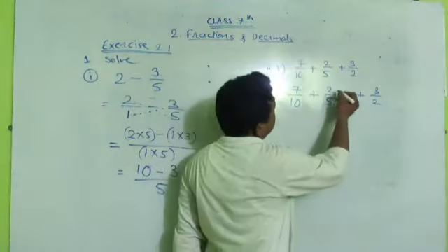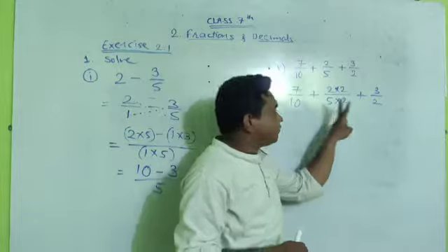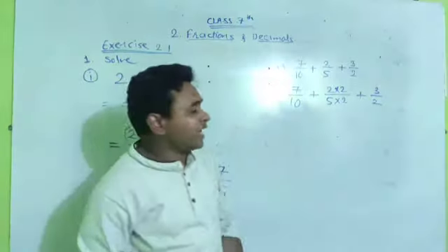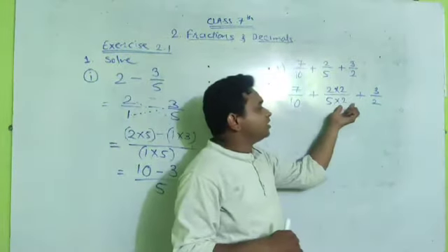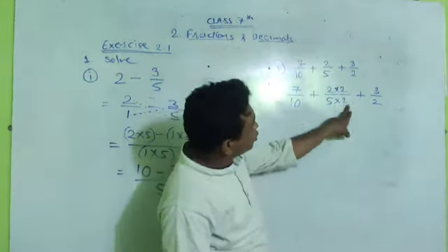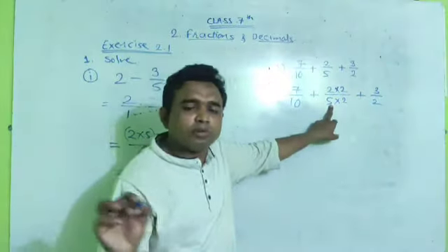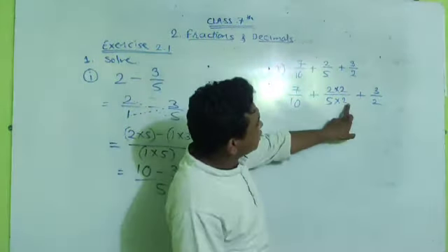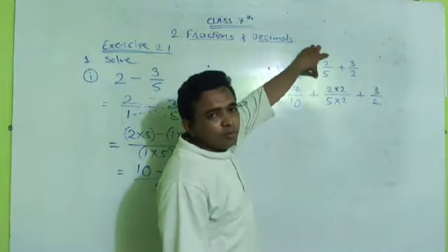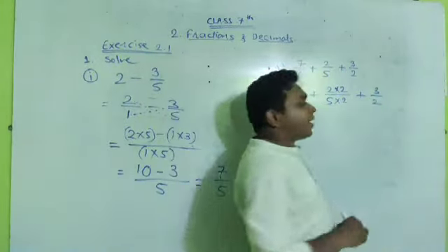So 2 into 2 and 5 into 2. Do you understand why we consider 5 into 2? To make the denominator equal. Here 2 is multiplied to the denominator, so 2 is also multiplied to the numerator. If we cancel this 2 and 2, we get the original, that is 2 upon 5. So it is an adjustment. What about 3 by 2?